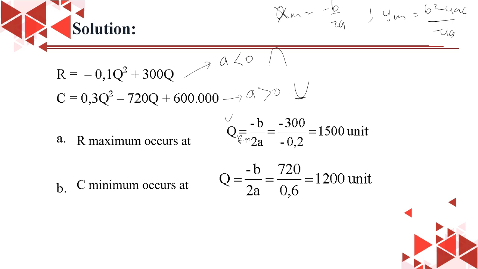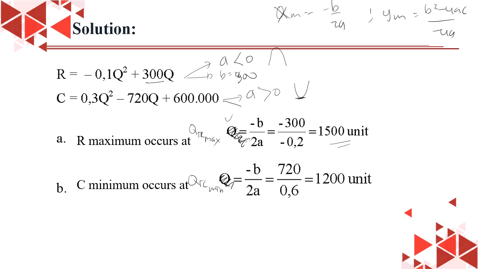Okay, got it? Right. So Q at R maximum, I will rewrite this here, Q at the R max equals minus b over 2a. b is 300, so minus 300 over 2 times minus 0.1, which is minus 0.2, then it gives 1500 units. And the C minimum occurs at Q for TC minimum, minus b over 2a also, but with this equation.